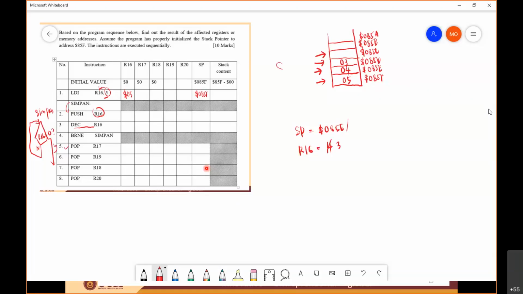Then you decrease R16 again, so R16 now becomes 2. Again R16 is not equal to 0, so you jump again to simpan, push R16 02, and the stack pointer is decremented by 1.